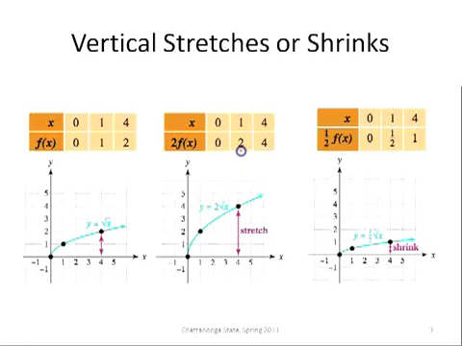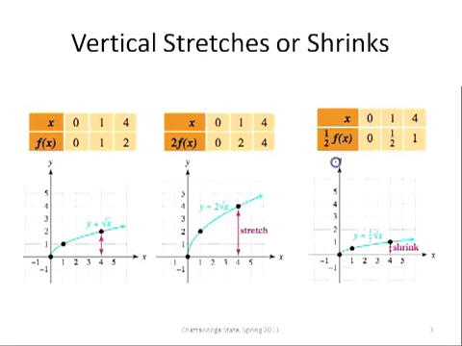But then the second y value, 1 times 2, will give us a 2. And the third y value, 2 times 2, would give us a 4. So this results in a graph that is actually moved up higher. So we call that a stretch. This is a vertical stretch because we multiplied the y values by 2.